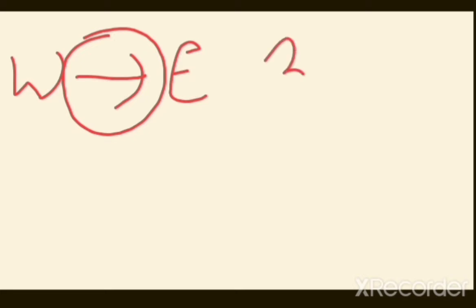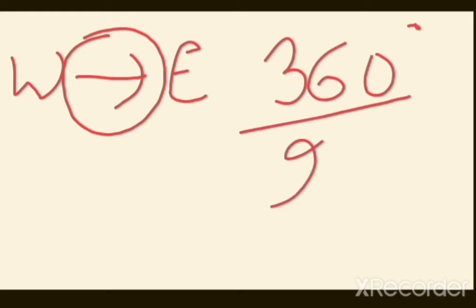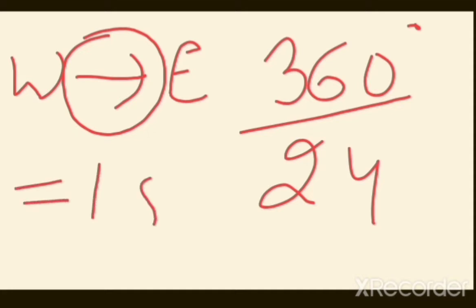The earth is rotating from west to east. It rotates 360 degrees in how many hours? It takes 24 hours. If we divide 360 degrees by 24 hours, we get 15 degrees.